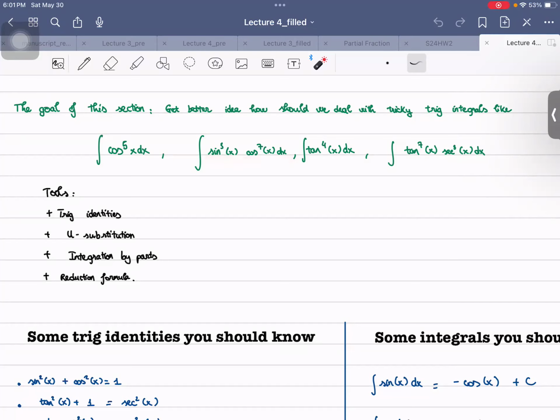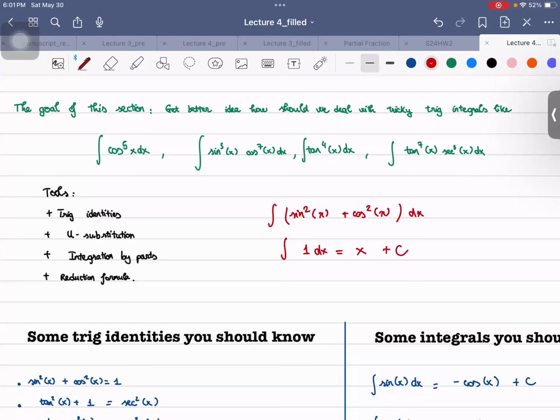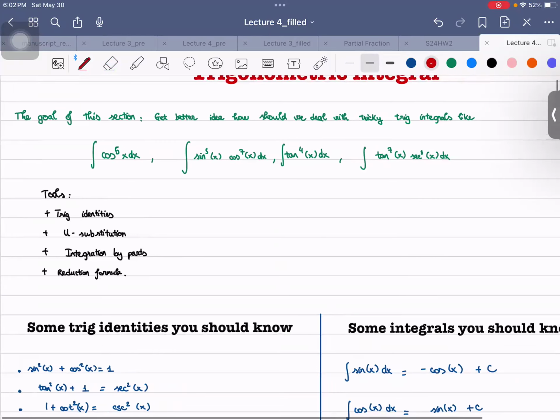So for instance, if you have the integral of sine square of x plus cosine square of x dx, it looks tricky, but the point is we know that sine square plus cosine square is 1. So this integral just turns out to be the integral of 1 dx, which is simply x plus c. So sometimes the trig identity can save you a lot of time when you deal with a tricky integral.